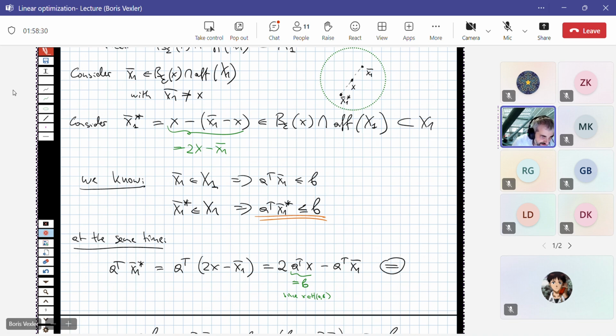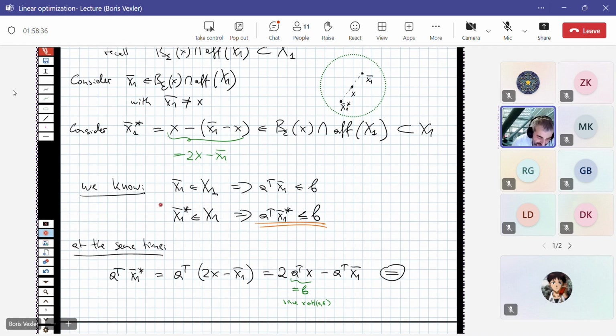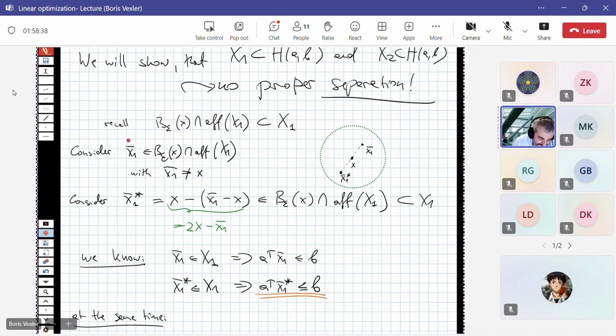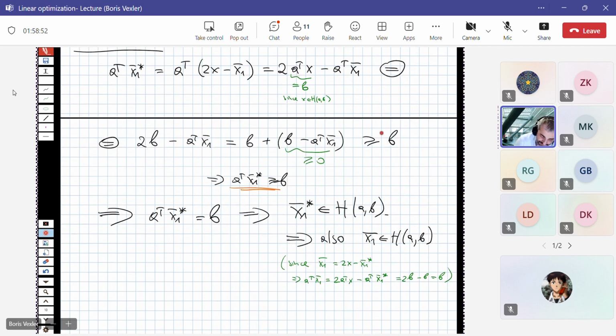What we actually proved is that we have taken an arbitrary point X1 bar in this neighborhood, intersected with the affine hull of X1, and we have proven that such a point is an element of the hyperplane.